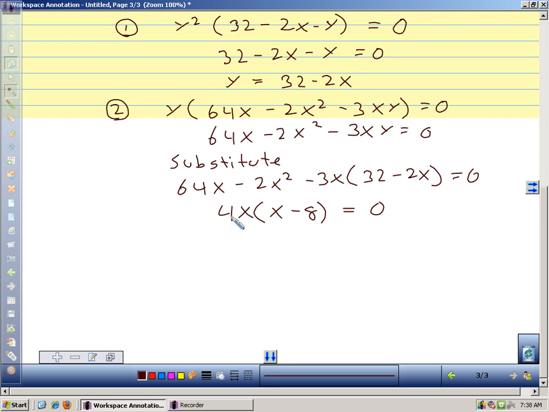So we're going to ignore the possibility that x equals 0. So x equals 8. We can use this equation now to solve for y. So we plug this 8 in for x here. So y equals 16.